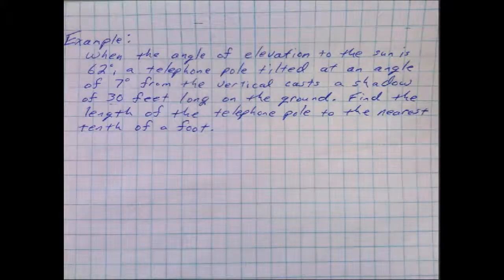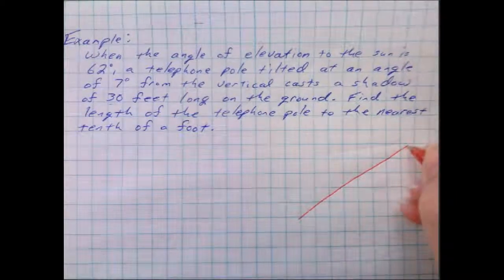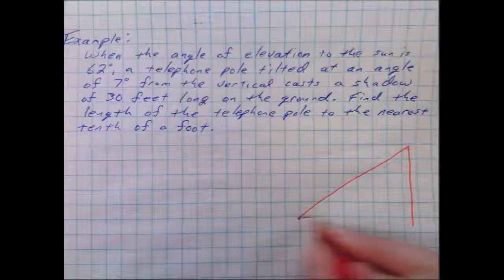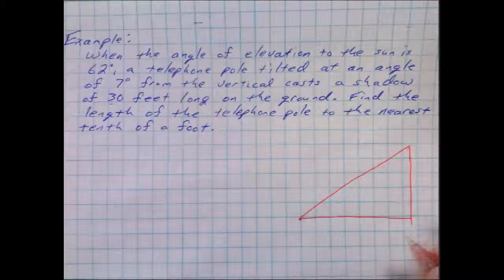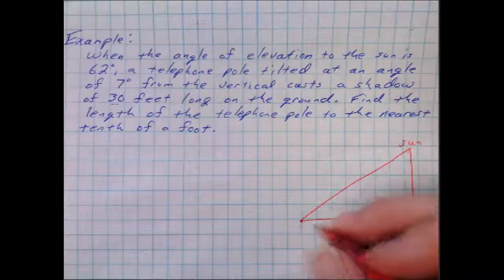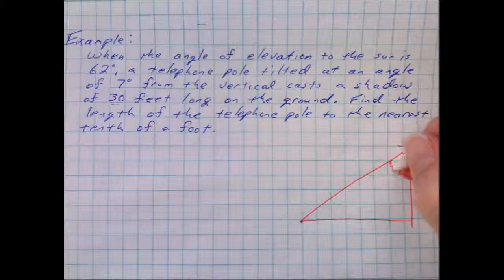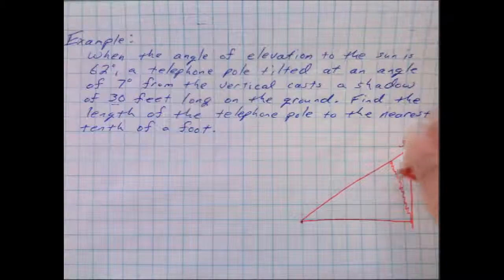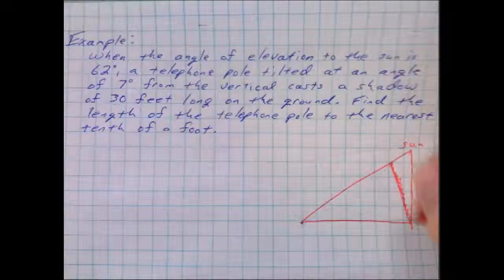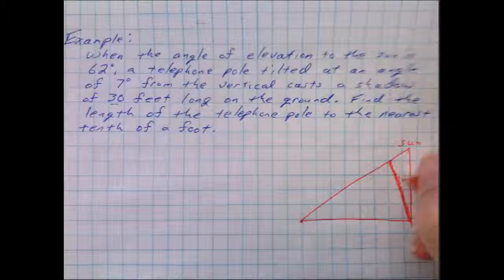So what we have going on here is a nice right triangle that's going up to the sun. And then we have this telephone pole. Okay, so we have a pole. So I'm going to put an arrow there.